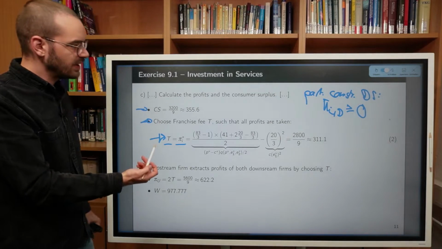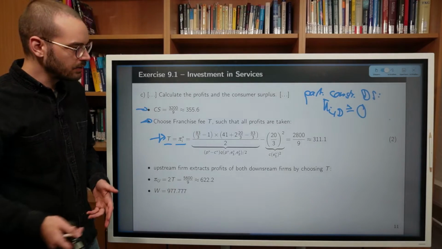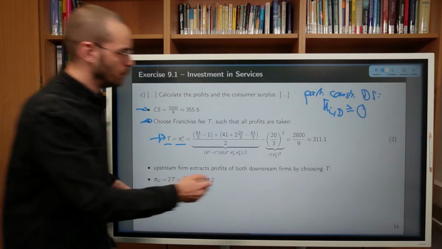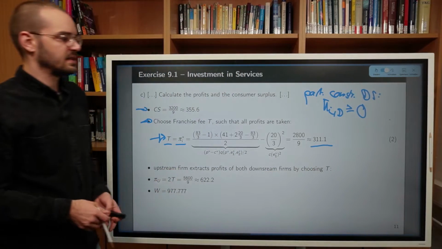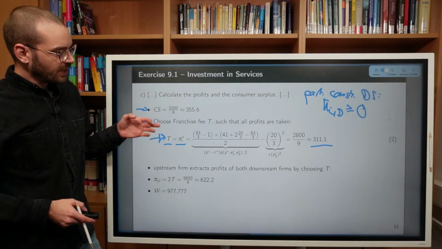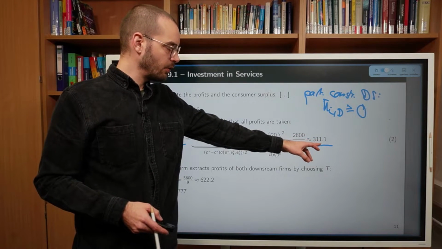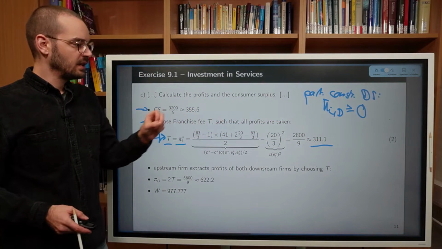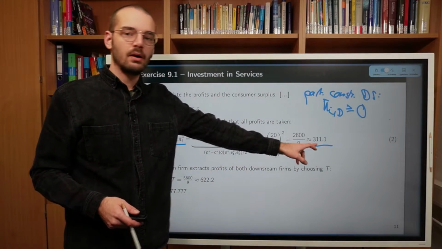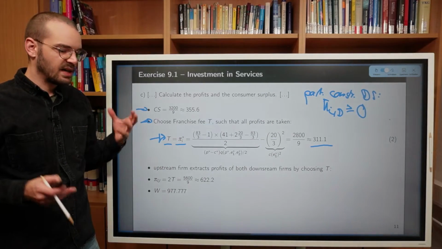So we can calculate the profits firms are making downstream before paying the franchise fee, which is approximately 311.1. Right, this is the profits before paying the franchise fee T. So we know that the upstream firm can ask for exactly this amount T so that the downstream firm's profits are non-negative.